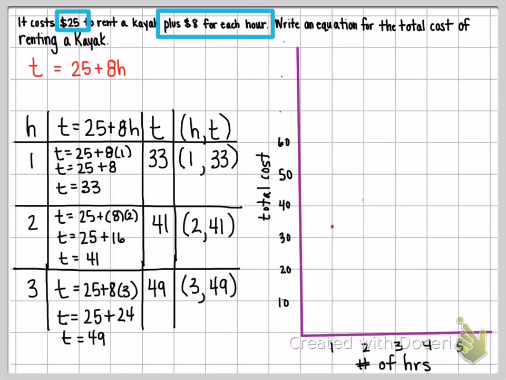Ooh, holy cow. I made that dot way too big. Just past the 40 for 41. And the last one is (3, 49), so as close to 50 as I can get. And then I can take my graph and see that they connect through very nicely.